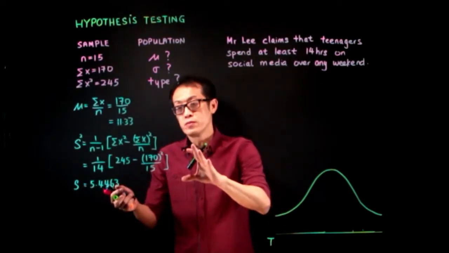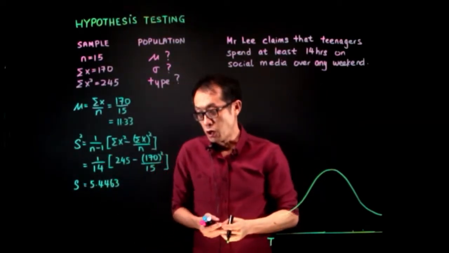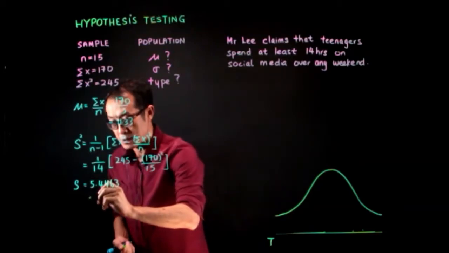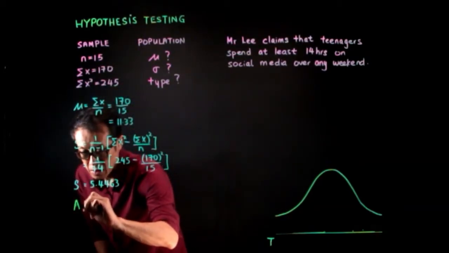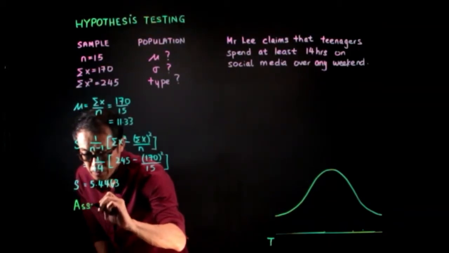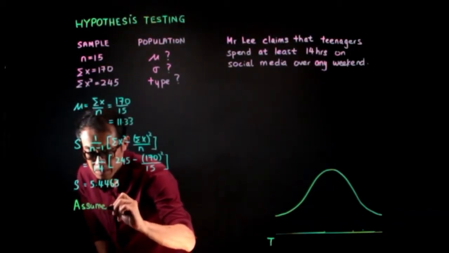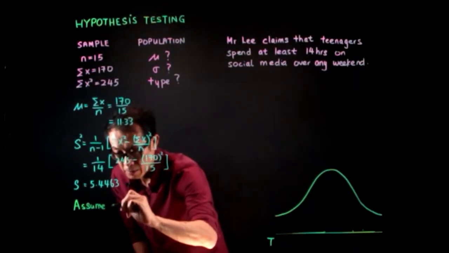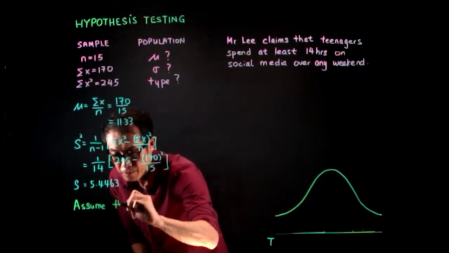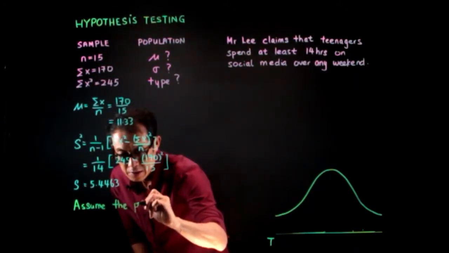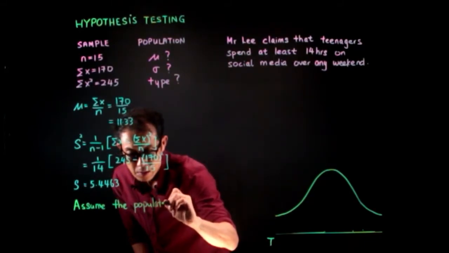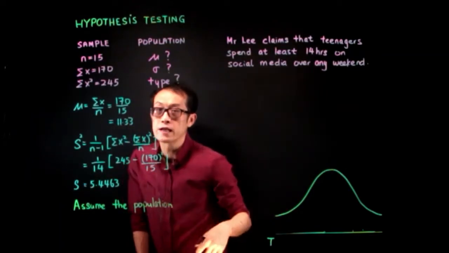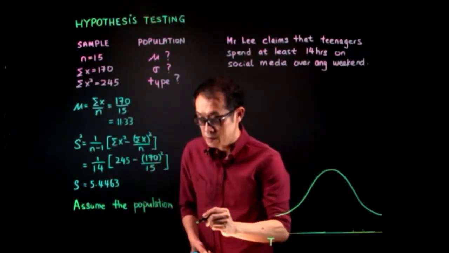So we assume that the population is normal. The assumption we have to make is: assume the population has a normal distribution.